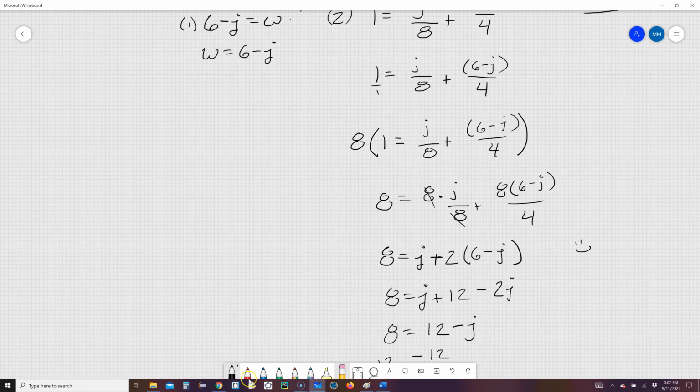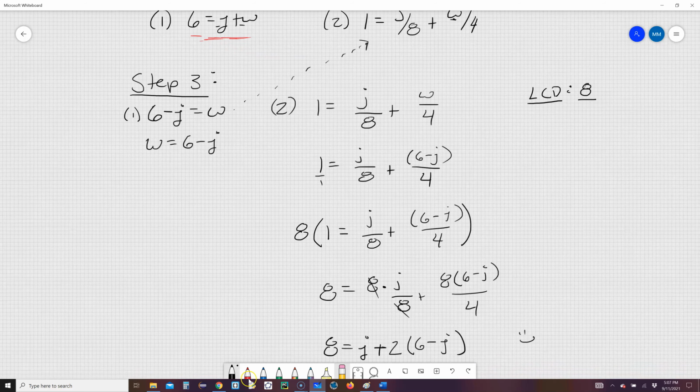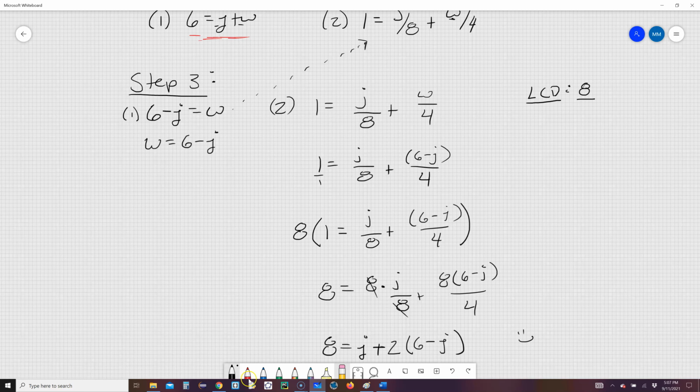We come back and check. Where are our equations? Here are our equations. We'll say step 4 is coming over here. We don't need to back substitute because I really don't care what W is. So I can skip straight forward and go to 4. So let's see. We will end up solving for W because we will have 6 minus, what did we say J was? 4 is 2.